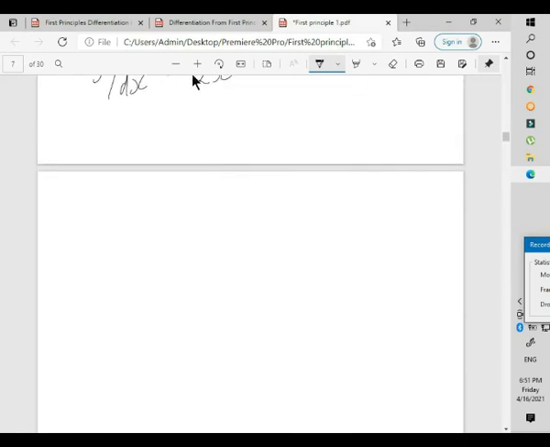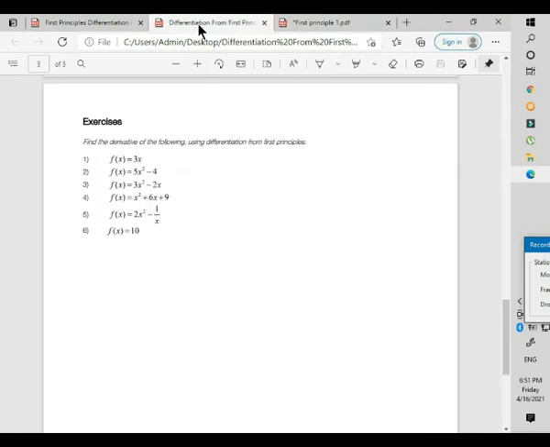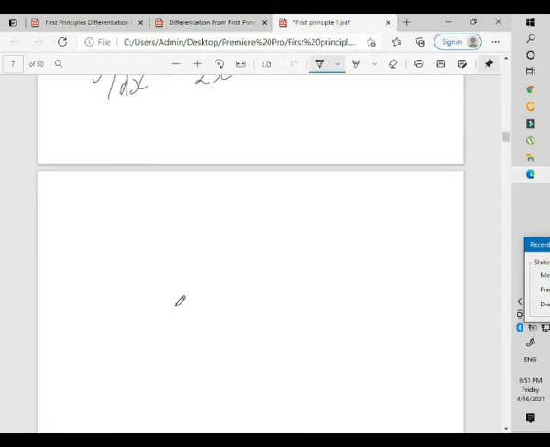Sorry about that. Alright, so f of x is equal to 2x squared minus 1 over x. At the end of this, my dy upon dx is equal to 4x.